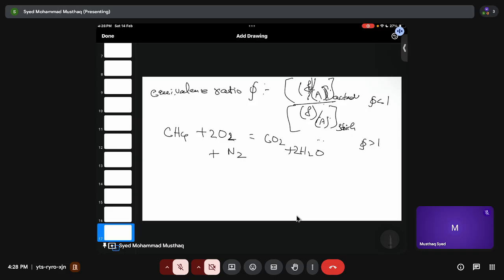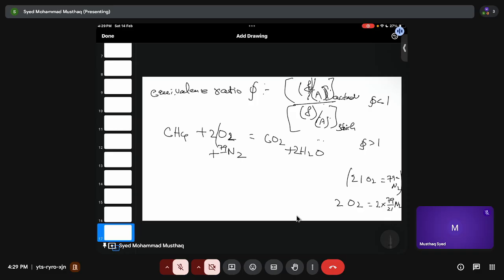Now we know, for example, there is 100 grams of air, and 21 grams of oxygen is equal to 79 grams of nitrogen. This is our air composition. Now if there are 2 moles of oxygen, then 2 into 79 by 21 moles of nitrogen must be present. So that's why you keep a bracket here.